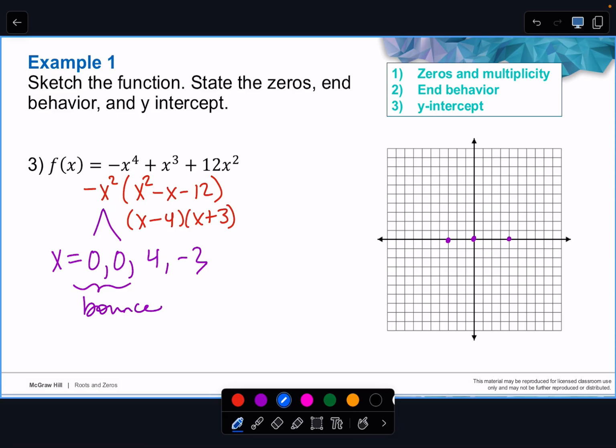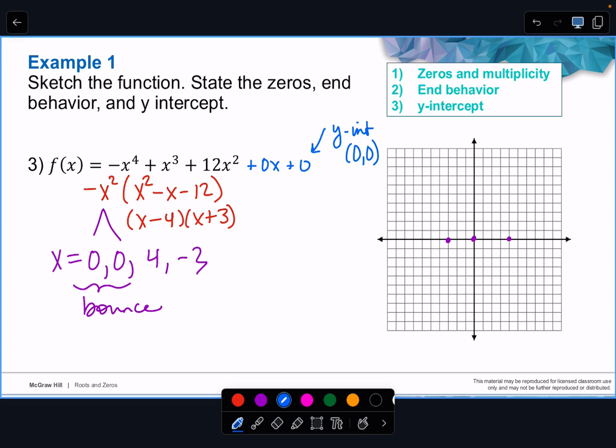What's our y-intercept? 0, good. So this had some placeholders. Y-intercept is always the one without any x's by it. That has to be from your original problem. So don't get confused and look here.